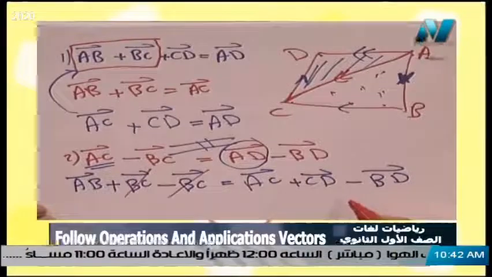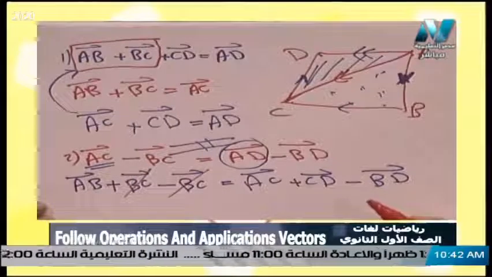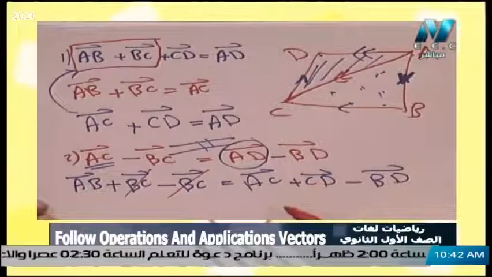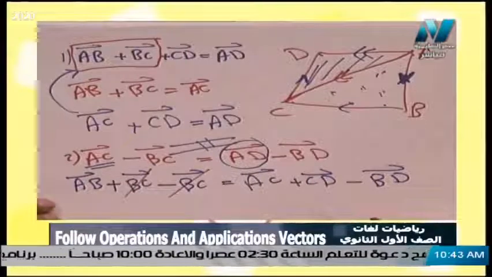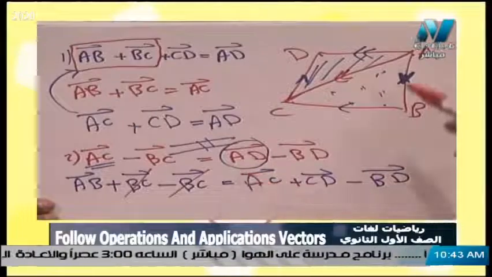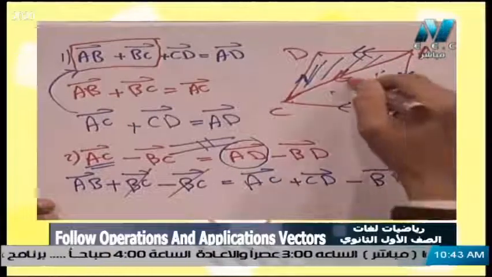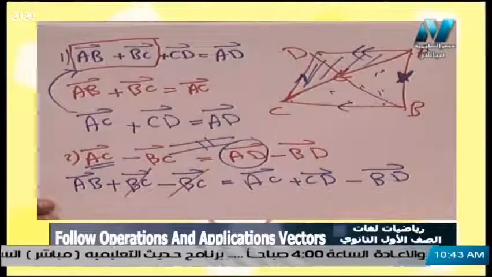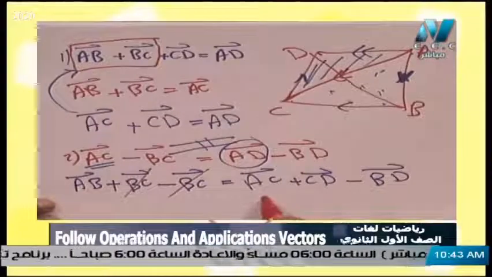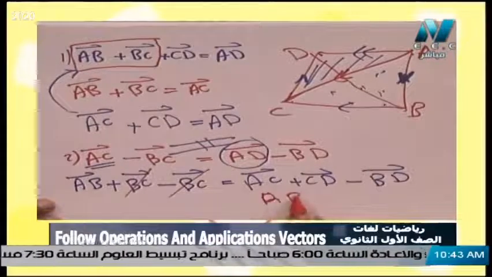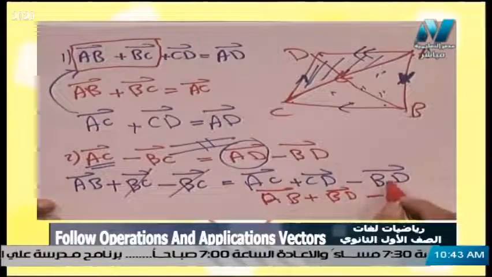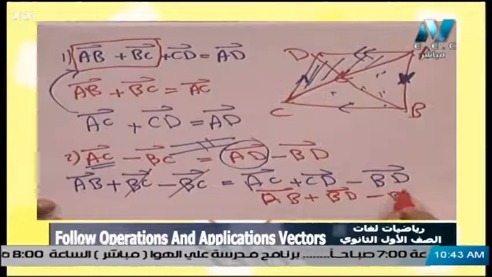And on this side also, we have the vector AD equals AC plus CD, or we can put instead of AD, AB plus BD, and we will put BD as it is.